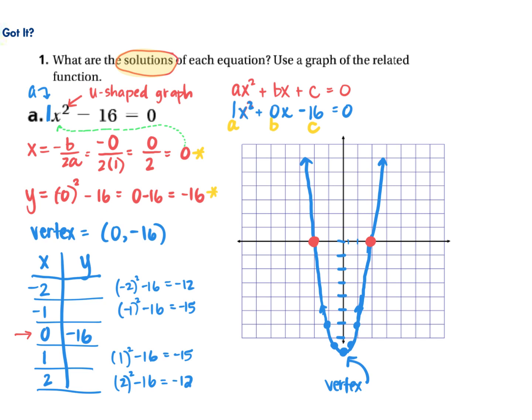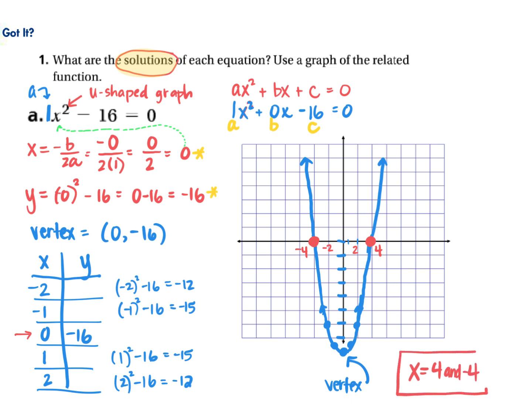And so the solutions are those positions. Remember, we were counting our graph. Each square represented 2, so that's 2, 4. And then if we go backwards, -2, -4. So our solutions to this problem are x equals 4 and -4, because this is where our graph crossed the x-axis.